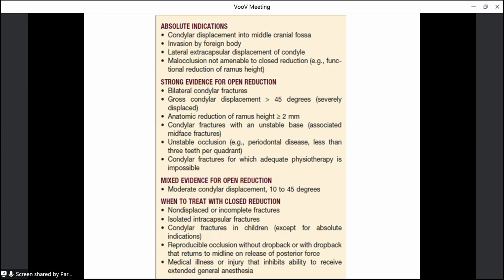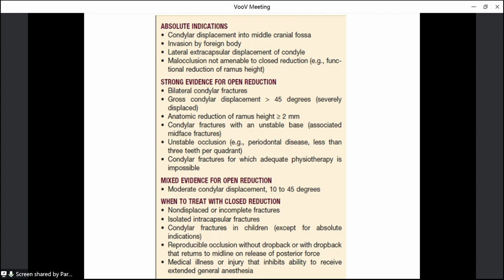Okay. Now, the second category is strong evidence for open reduction. You can treat non-surgically, but it's better to operate by open reduction. For example, if there is a bilateral condylar fracture, or gross condylar displacement with more than 45 degree deviation.